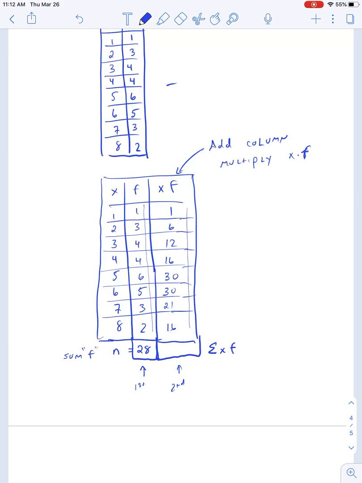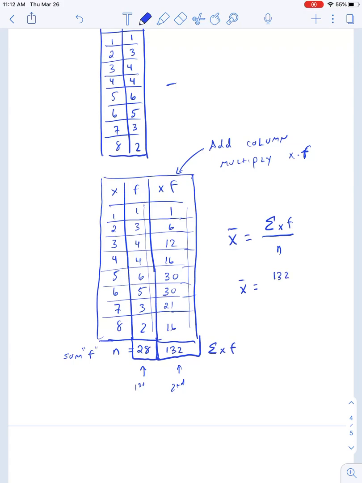Now let's add these numbers. 1 plus 6 plus 12 plus 16 plus 30 plus another 30 plus 21 plus 16. That gives us 132. So in order to find our mean here, we're going to do the sum of that last column and divide that by n.